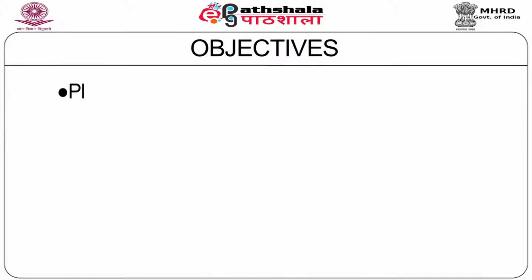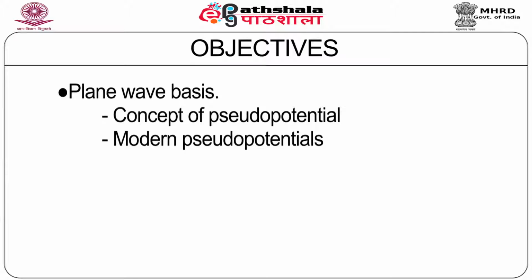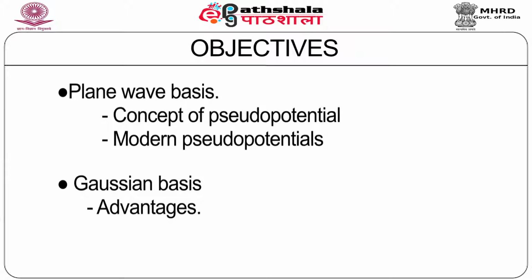In the context of plane wave basis set, we'll discuss the concept of pseudopotential, which is an essential concept for implementation of plane wave basis. We shall discuss a few modern pseudopotentials which are used in the codes in recent times. We will discuss the Gaussian basis set, its advantages and practicality of use.